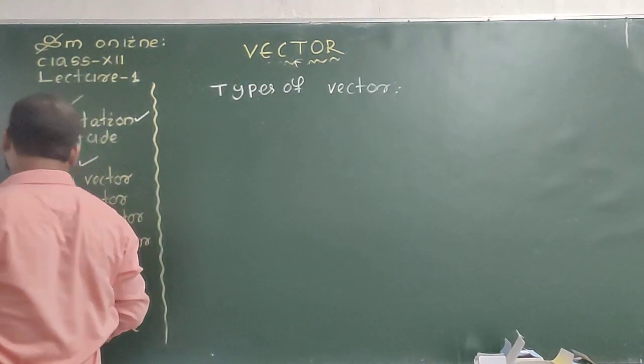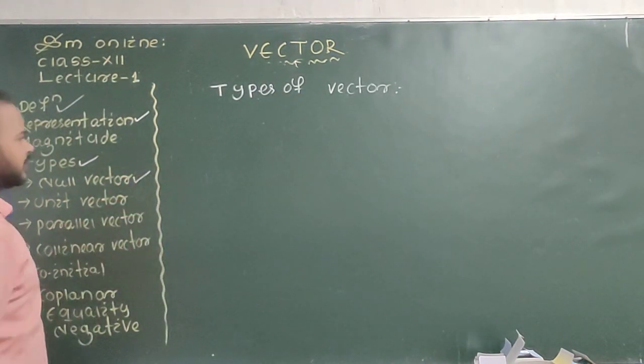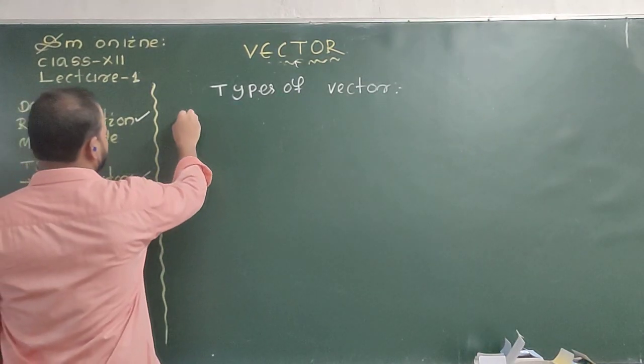First one is null vector. Okay. Null vector.